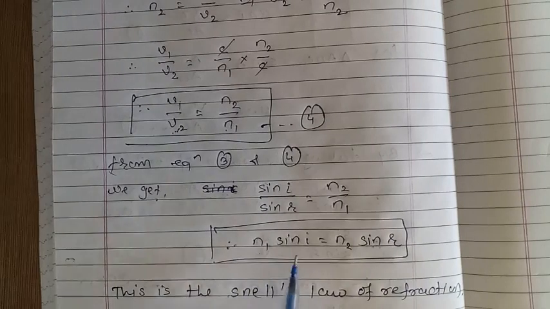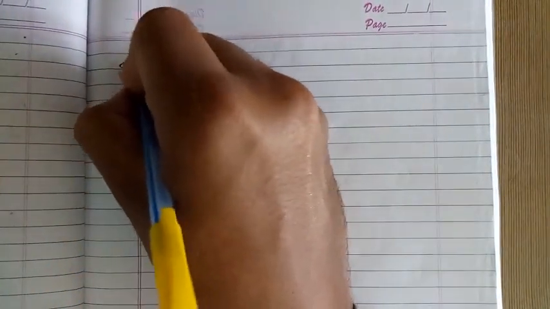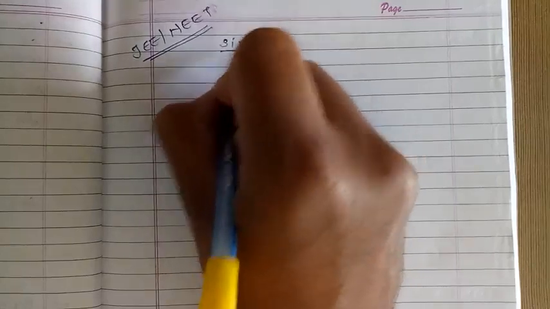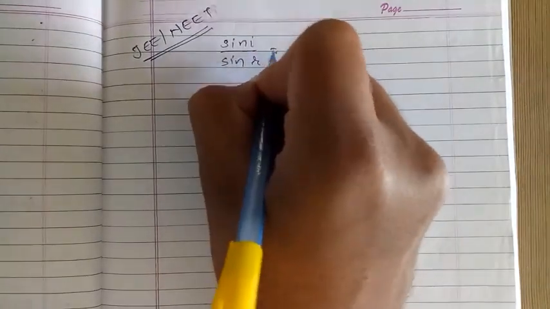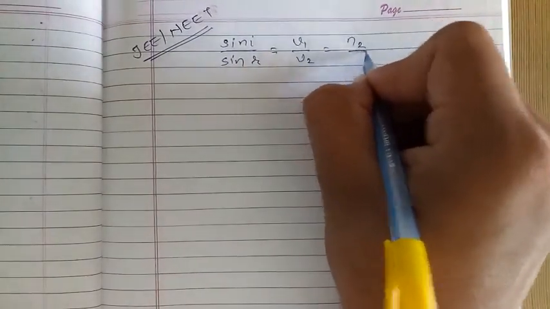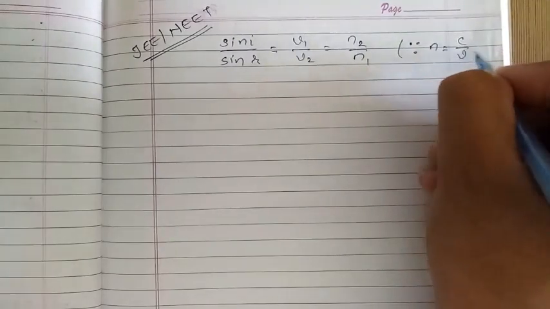And last, n1 sin I is equal to n2 sin R. Now, for exams like JEE and NEET, first of all you have to remember this equation: sin I upon sin R is equal to V1 upon V2, which is equal to n2 upon n1, where n is equal to C by V. You already know this.